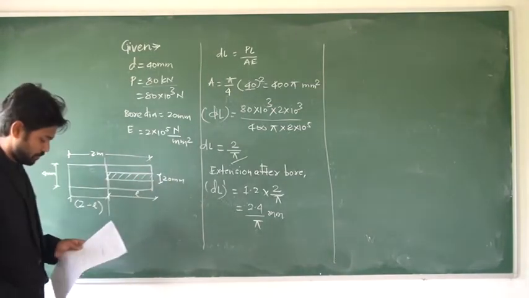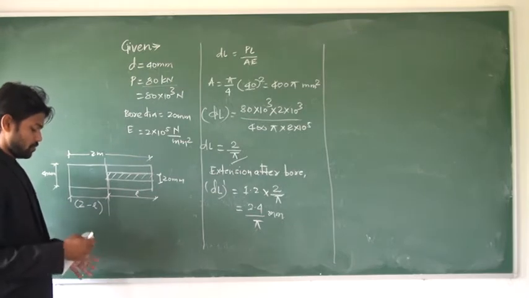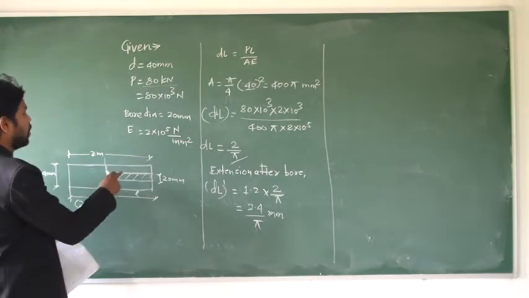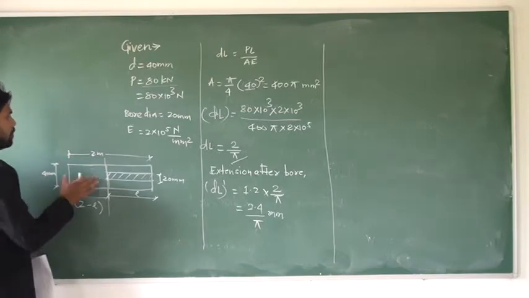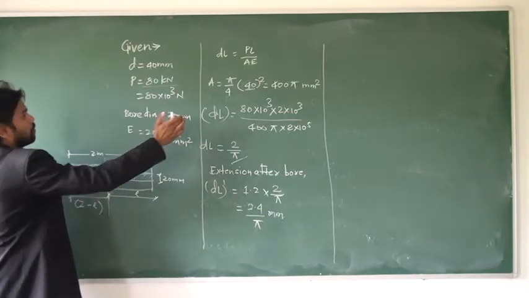What will be the area of this reduced section? The area of the solid section will be 400 pi.